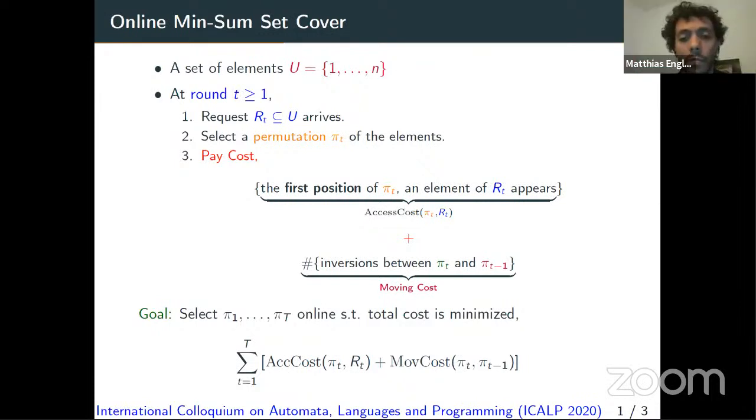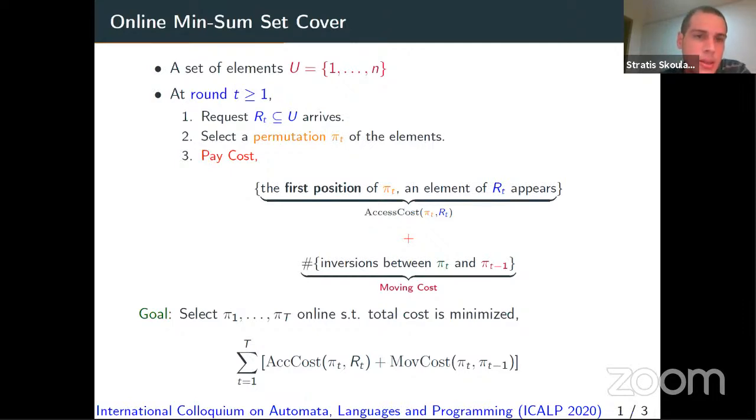So this hasn't been studied? I'm not sure, but I don't think so. If you pay the sum of the positions, I have a feeling that the problem might be easier. The thing is that we don't define this metric. This objective comes from the min-sum set cover problem that has already been studied.